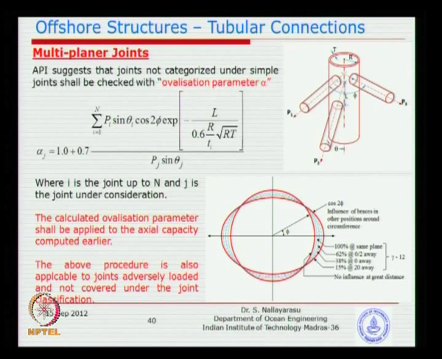The last one before we jump on to stiffened joints: sometimes you do experience such types of 3-dimensional joints that you are unable to classify into any of these categories, because they are not concentric, they are not joining at a single work point or in the vicinity of the work point.